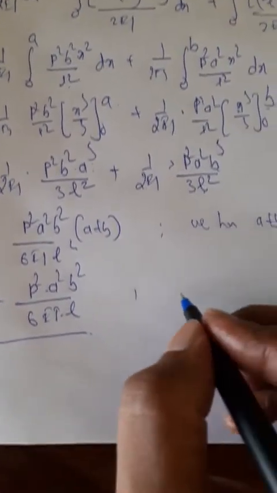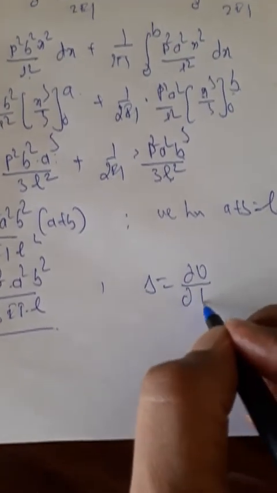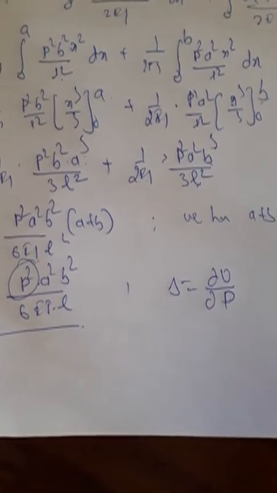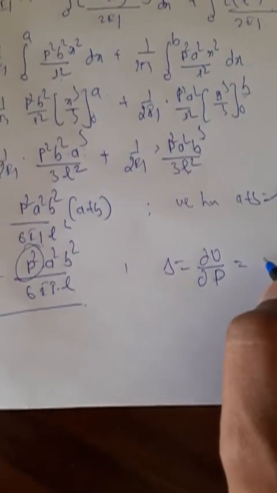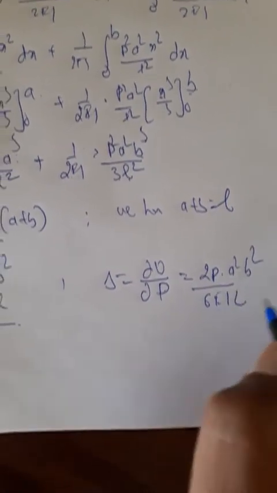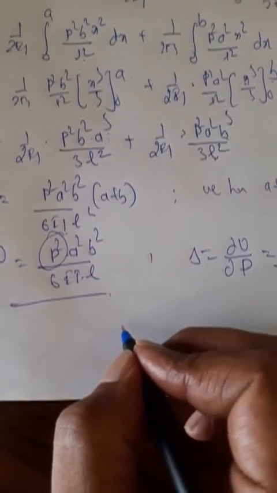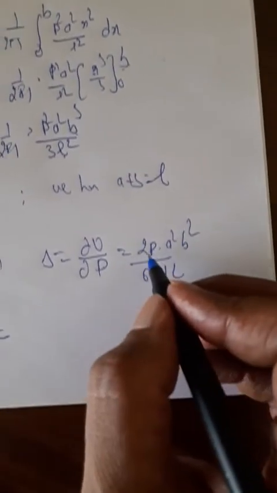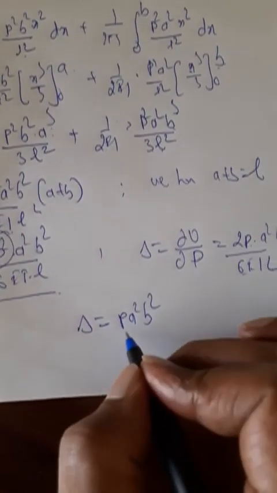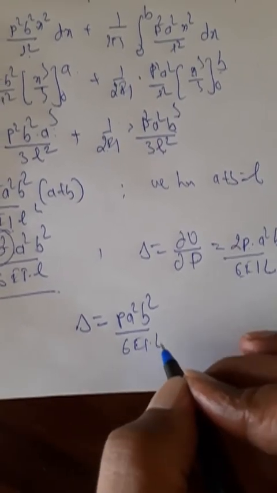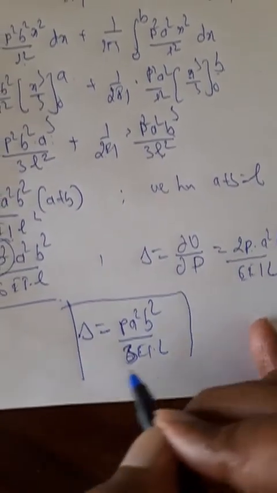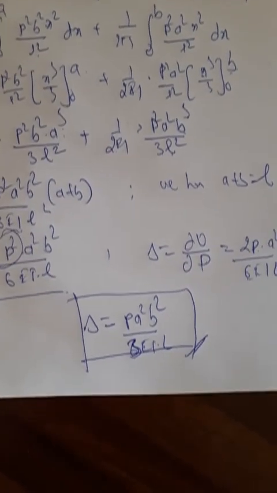And what Castigliano's theorem says is, delta is dou U by dou P. So I have to differentiate this with respect to P. So differentiating with respect to P, we have delta is equal to 2P A square B square by 6 EI into L, or I can simplify that and write delta is equal to P A square B square by 3 EI L. So this is the final answer, P A square B square by 3 EI L.